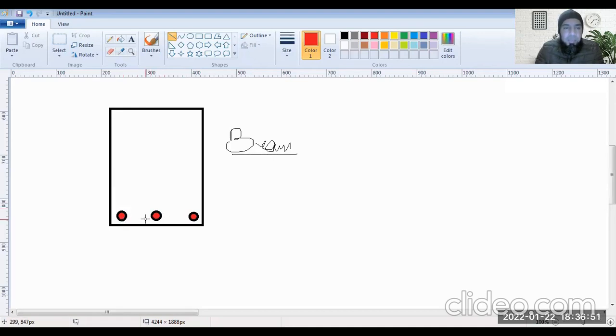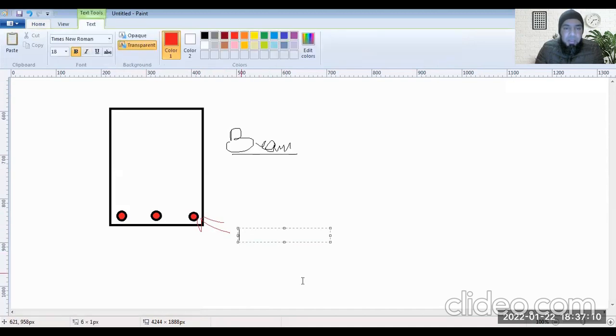For that, we are providing the steel here. So these steel bars are being provided. What is their purpose? The purpose is to take the tensile stresses. So I have roughly assumed right now that in this beam, there is only tensile steel. I will call these steel bars, which are at the bottom, tensile steel.